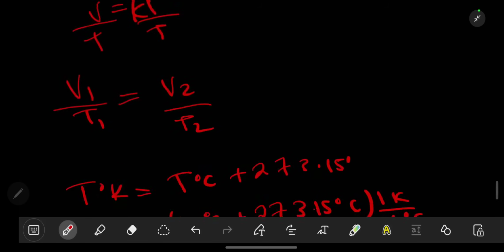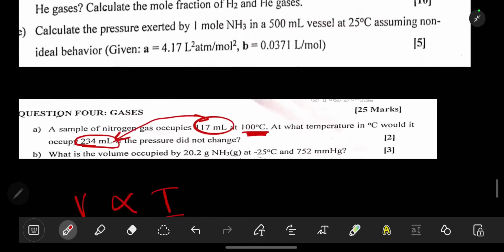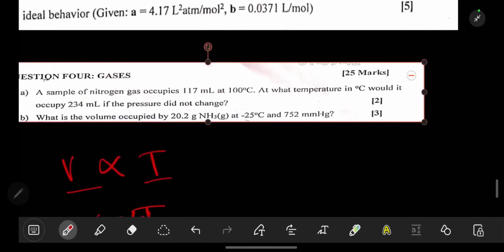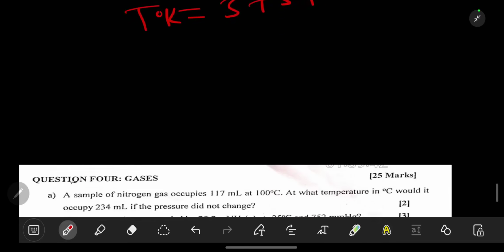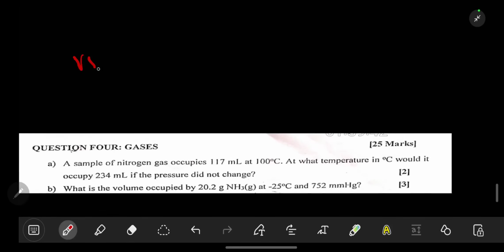So with that said, we can now replace. Knowing that, according to Charles' law, we have the volume number 1 over the temperature number 1 should be equal to volume number 2 over temperature number 2.